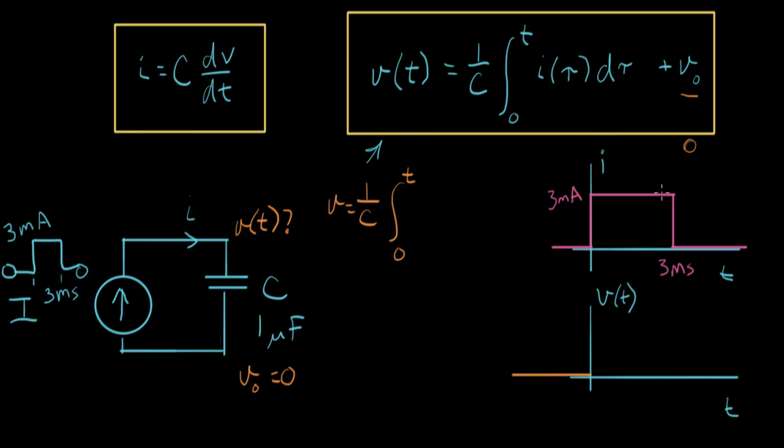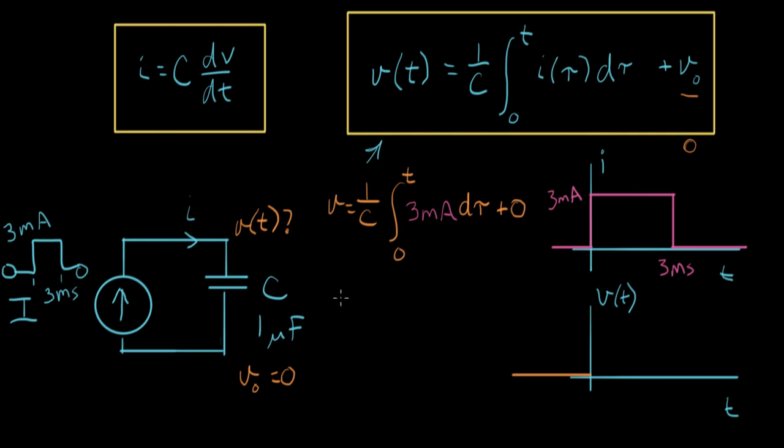I is a constant. So we write in 3 milliamps d tau, plus, don't forget the starting voltage. What's our starting voltage? Well, we look right here, and the starting voltage is 0 plus 0.